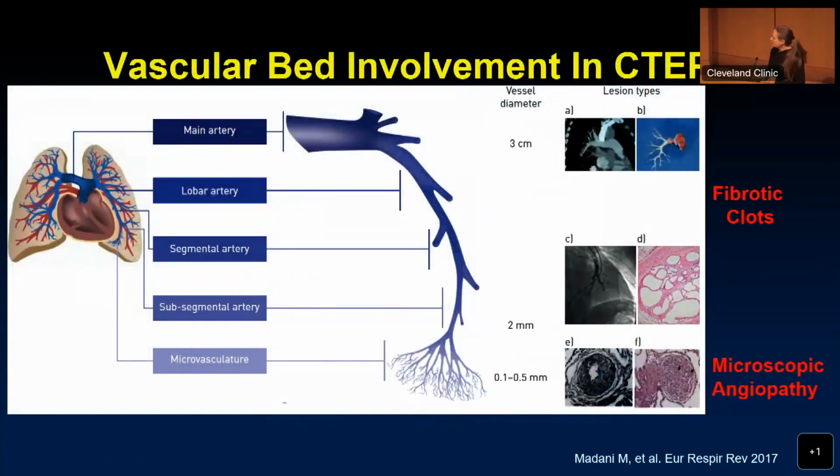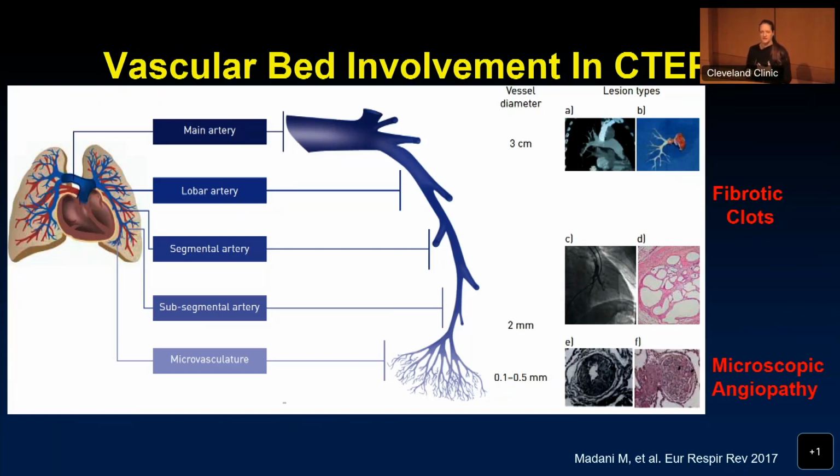I like to think of this when I think about the size of the pulmonary arteries that are involved in any given CTEPH patient and how that correlates with the pathology. I really like this illustration from this review article, where the pulmonary arteries can be involved from the main pulmonary arteries down to the lobar, segmental, and subsegmental arteries. That's as much as you can probably see on the imaging techniques that we obtain.